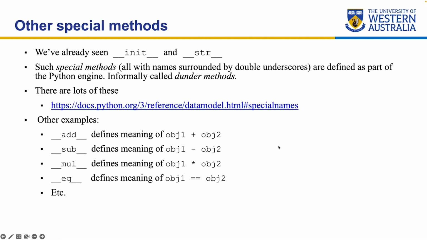We have seen the initialization and the string methods, which are special methods. All the special methods start and end with two underscores, and there are more special methods like this, which you can find from the link provided here. Some popular examples include add, subtract, multiply, and equivalent.